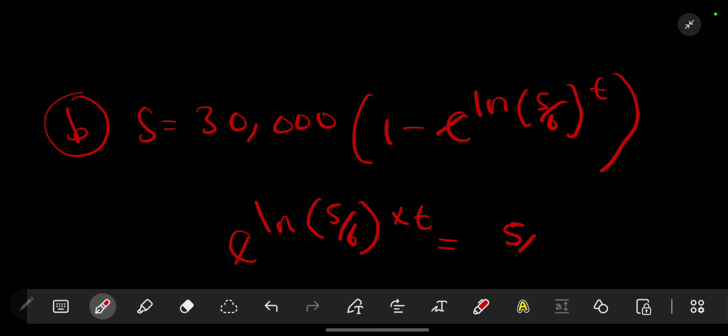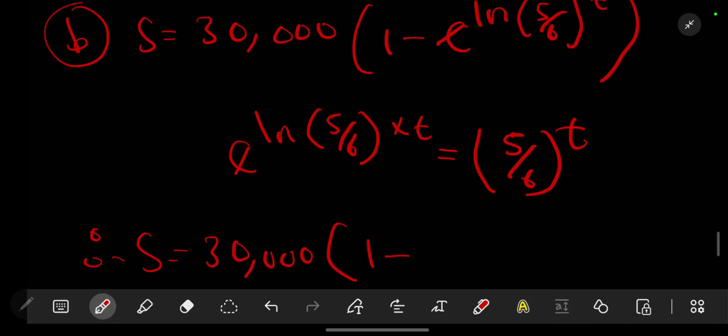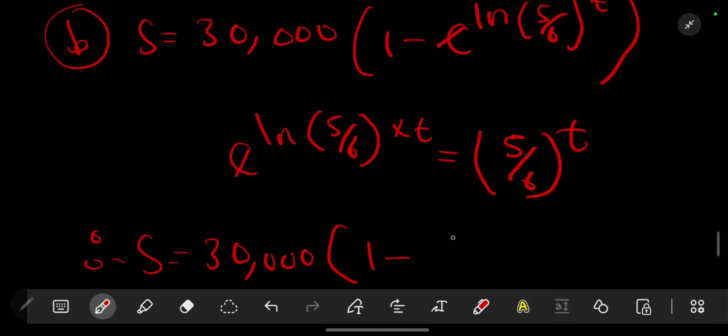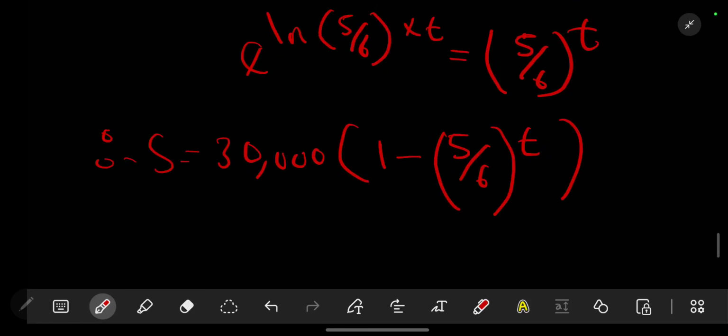It will be 5 over 6, and the time will be the power. Therefore, S is equal to 30,000 times 1 minus 5 over 6 to the power of t. So this gives us S is equal to 30,000.